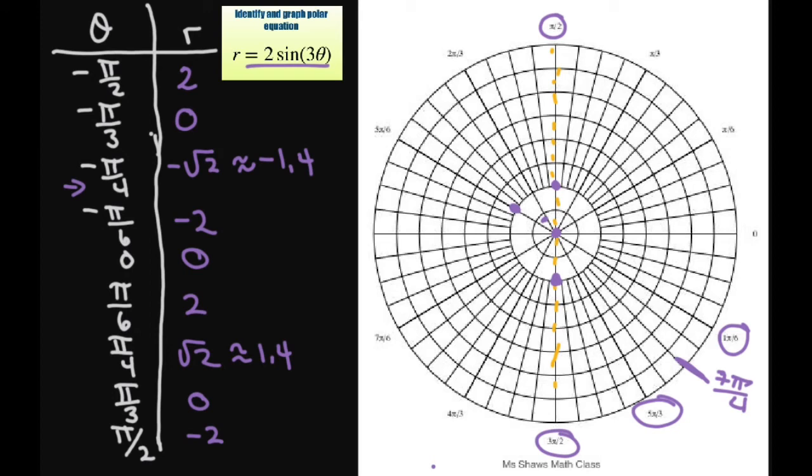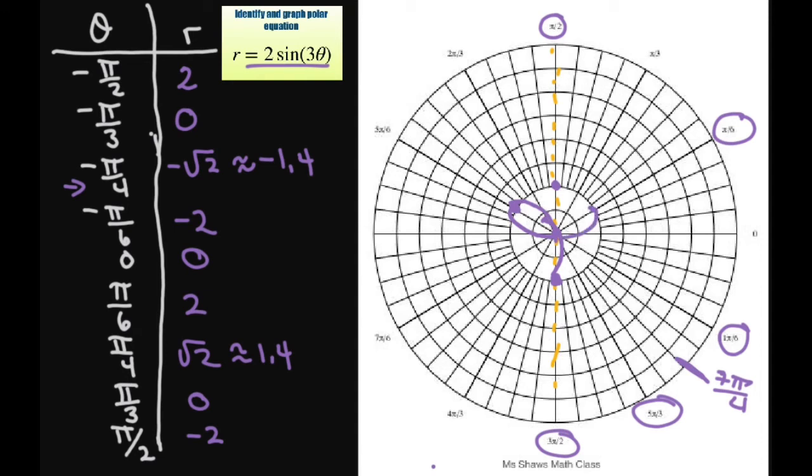All right, so we're starting at 2. Then we go to 0. Then we're coming through this point here and coming up here. Now at 0, we're back at 0. All right, so that's what we have so far. At pi divided by 6, we're at 2. So it comes back around to this.